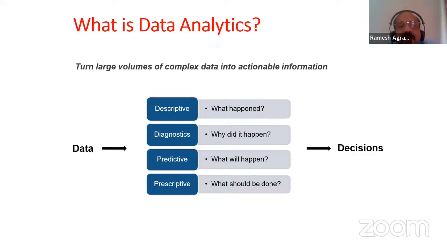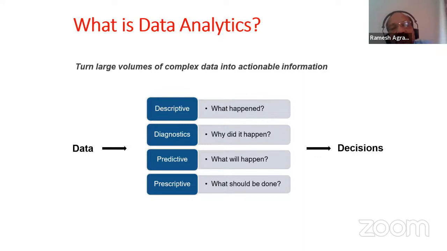From the data, you want to go deep into the data and find out what happened based on the data. Or a particular event has taken place, why did it happen? Okay. Then we talk about diagnostic. Okay. When you want to predict, as I said in my earlier example, what is the amount of rainfall, what will happen. Okay. Or prescriptive, that is, what should be done.